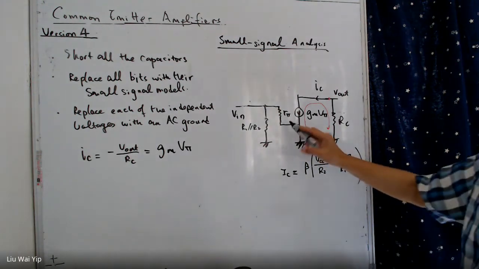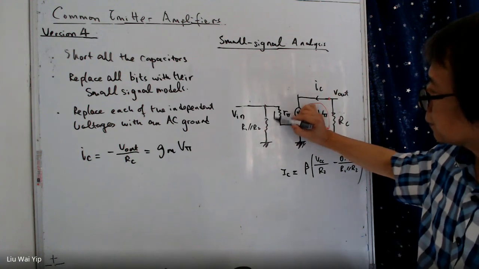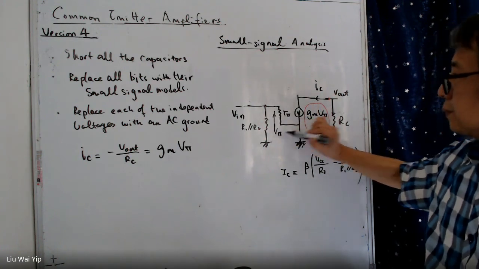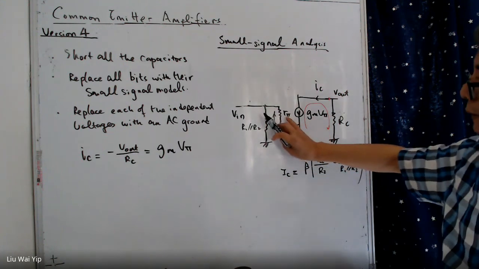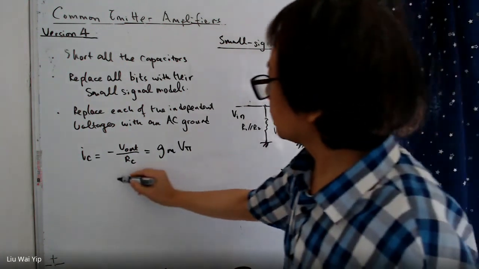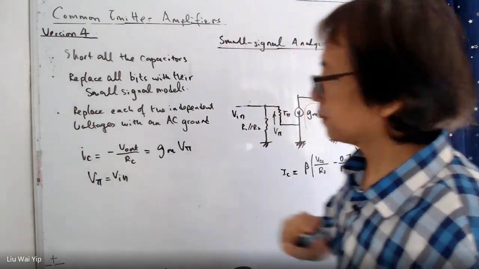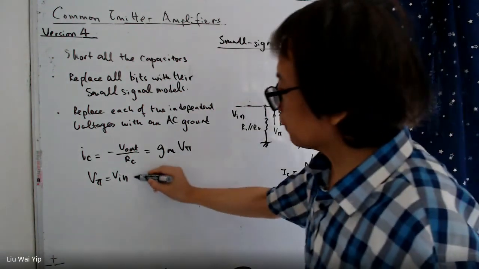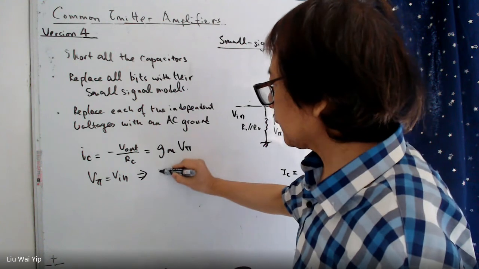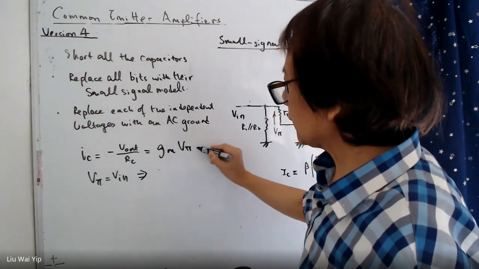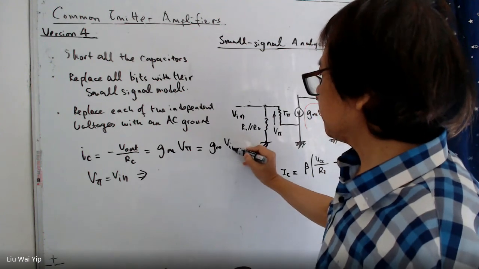And what is V pi? V pi is the voltage across this resistor, and the voltage across this resistor is V in. So from here, we know that IC, this one here, is gm V in.